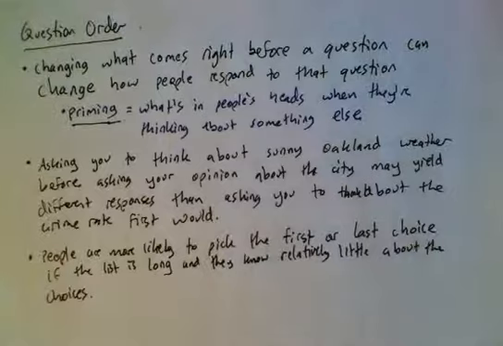This actually can be quite a bit of a problem when it comes to election ballots, especially elections for positions that people don't know very much about. If there's a long list, a candidate at the top of the list has a major advantage over someone who's in the middle of the list. To get around this, oftentimes ballots or political polls will rotate the order of questions when asking about them.